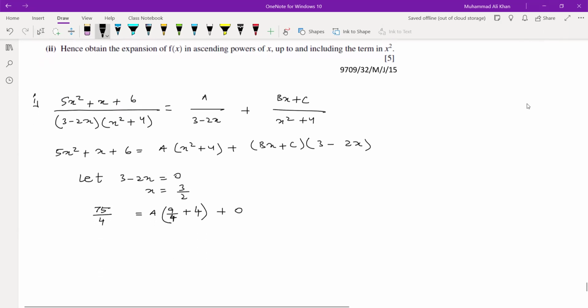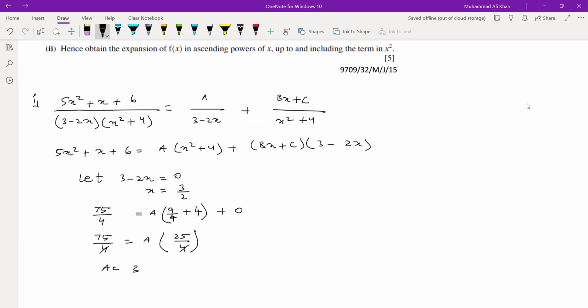So 75 upon 4 equals A times (9 plus 16) upon 4, which is 25 upon 4. The 4s cancel out, 75 divided by 25 is 3. The value of A is 3.